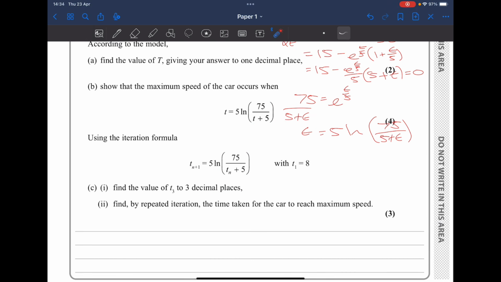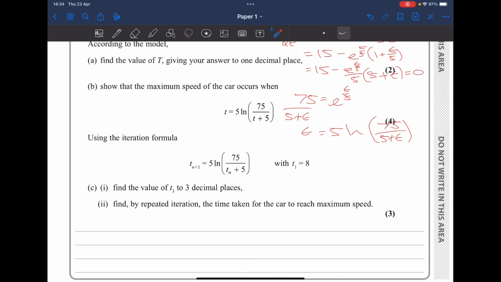I will do it, but it's just a case of taking this and putting it in the calculator. We're told that the first one is 8. So let's press 8. Then I'm going to type this out, but this t will be answer. So 5 log of 75 over 5 plus answer. The first one was t1.